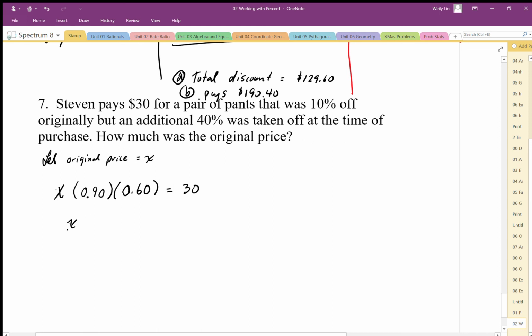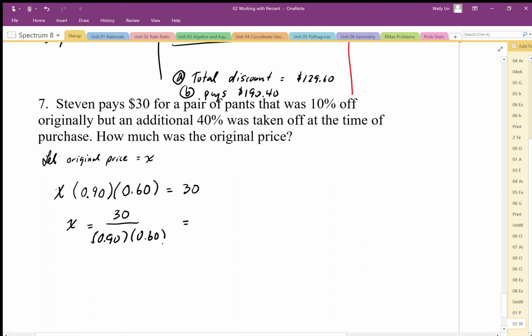How do I undo this 90% and 60%? I undo it by dividing by those percentages. Again, notice I'm not messing around with add and subtract. I'm just trying to do this problem as a times and divide problem. I'm going to divide by 90%, and I'm going to divide by 60%.